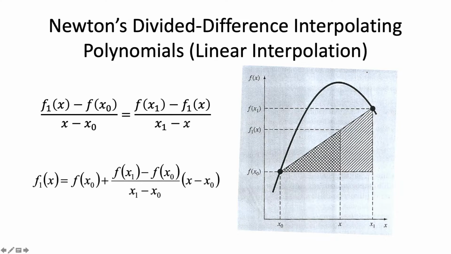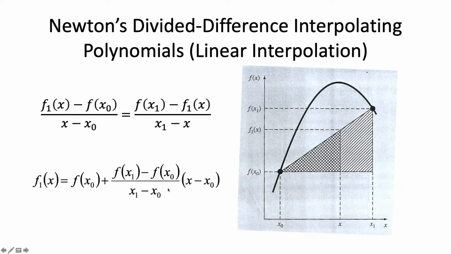We know that they are equal. Rearranging the terms and solving for f1 of x, we have f1 of x equals f of x0 plus f of x1 minus f of x0 over x1 minus x0 times x minus x0.